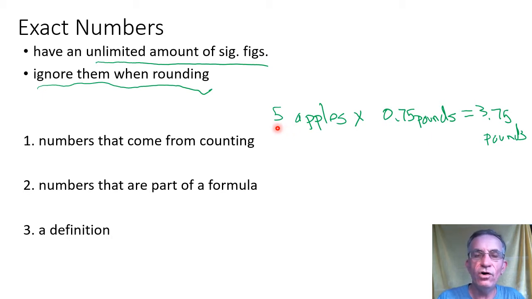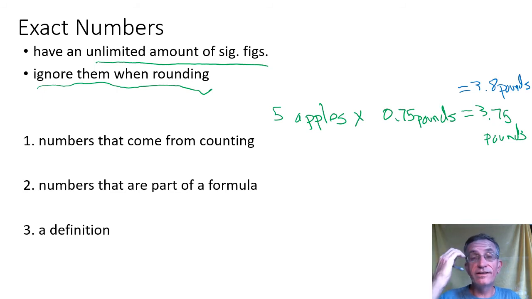So I know the 5 only has 1 sig fig, but don't even think about that. Just look at the 0.75 for deciding how many digits to put in your answer. That number has 2 sig figs, so you would round your answer to 2. It would actually be 3.8 pounds. So yeah, we use the 5, but don't worry about how many sig figs are in the 5 when you think about rounding.